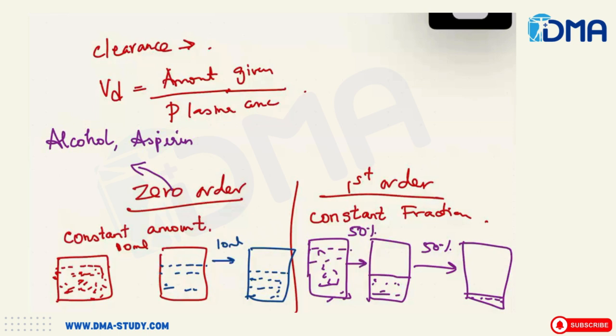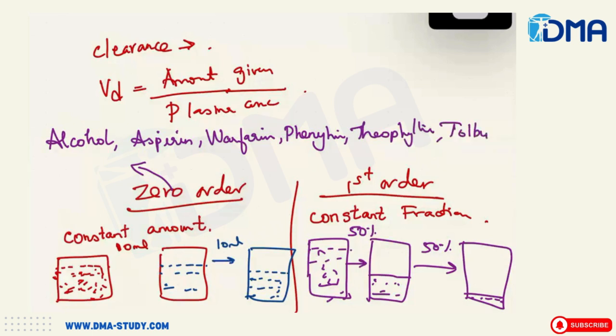So, aspirin, alcohol, warfarin, phenytoin, theophylline, and tolbutamide. These are few examples of zero-order kinetics. That is very important for you to know.